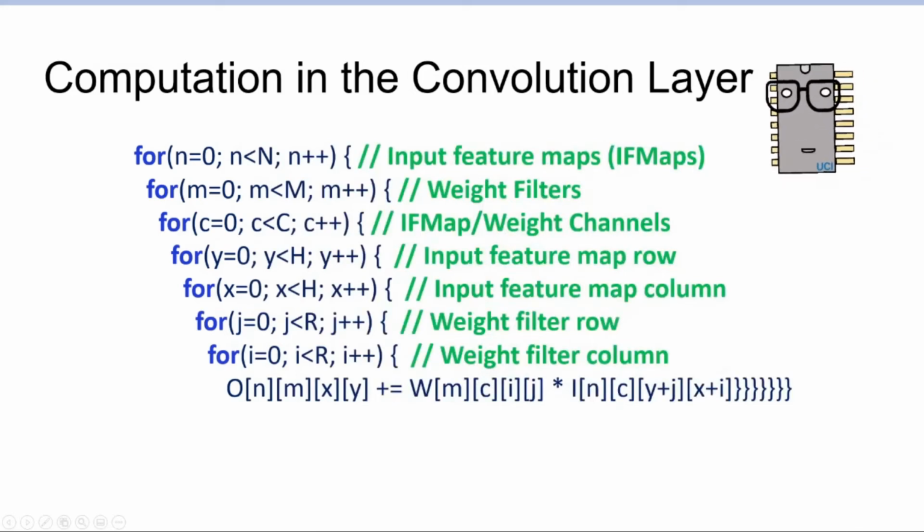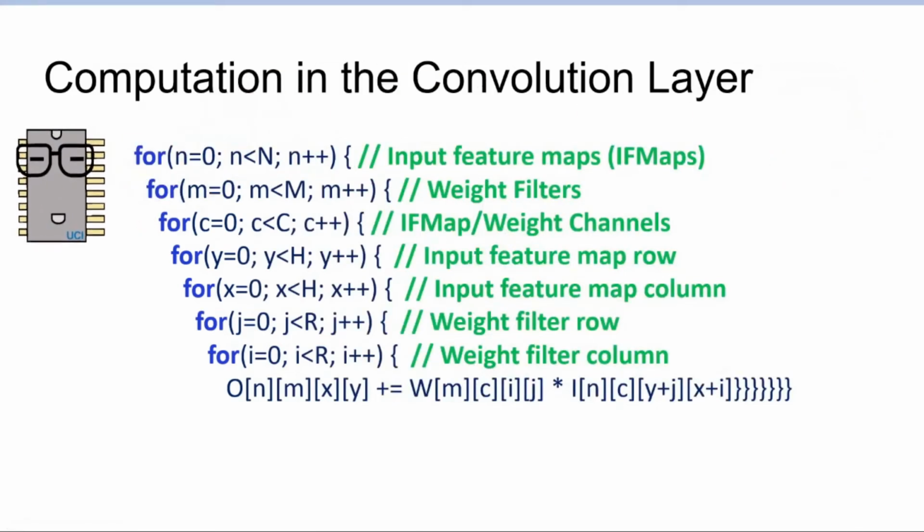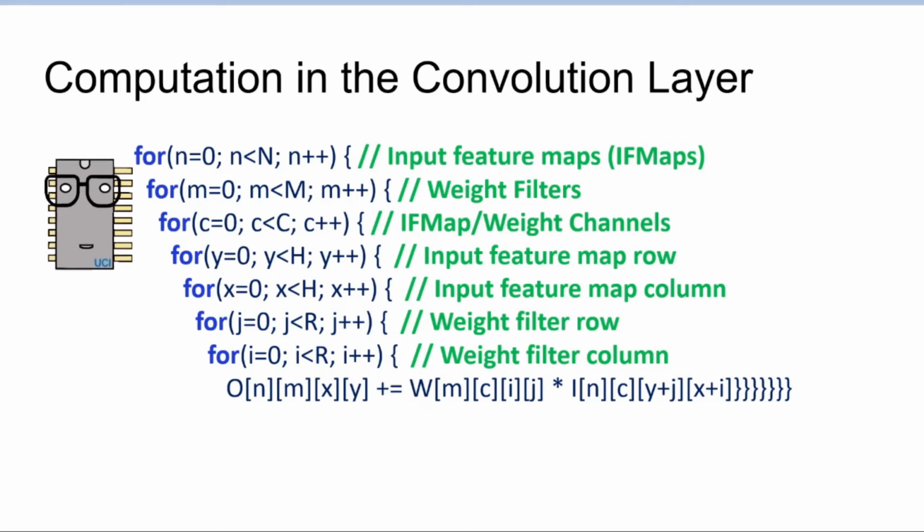So if you delve through the actual cascade of for loops, we are looping through the input images. We are looping through the actual filters we want to apply to each input image. We can have 64 convolution filters applied to each image, for example.